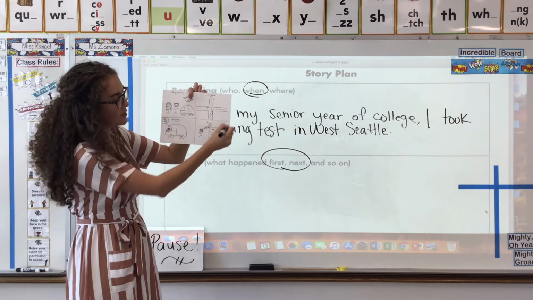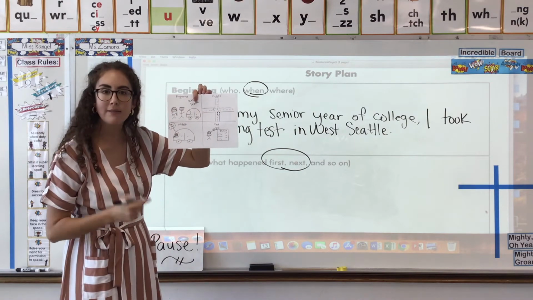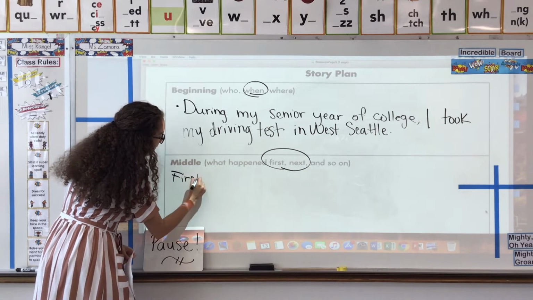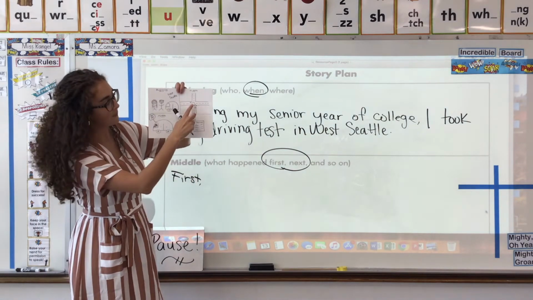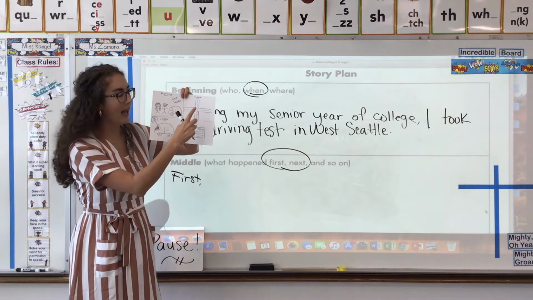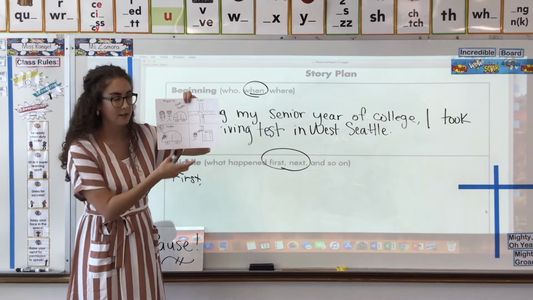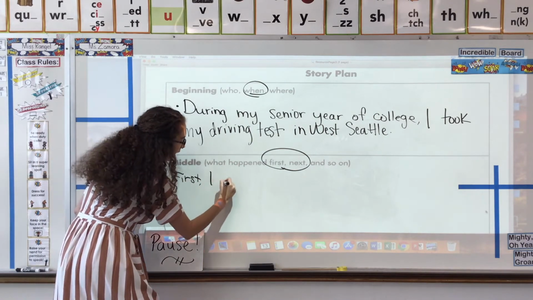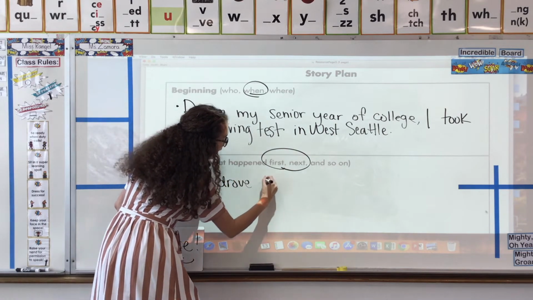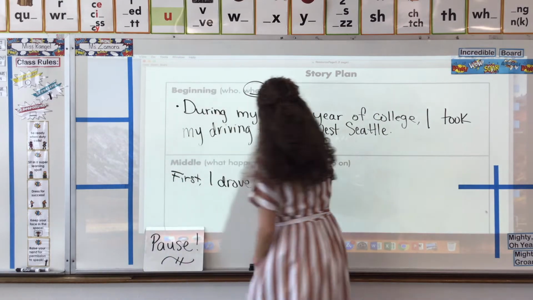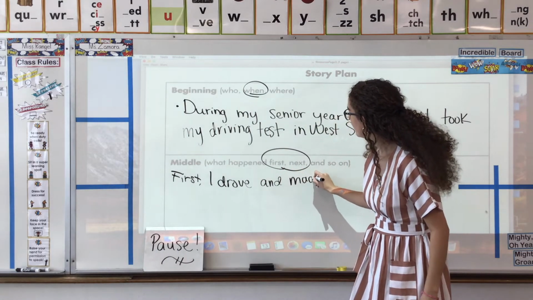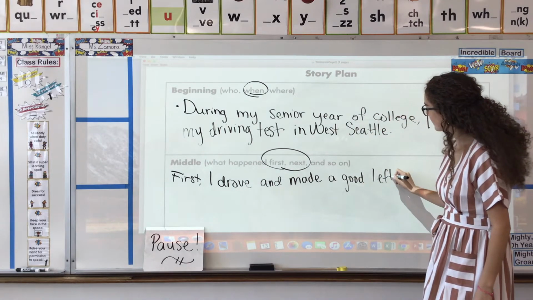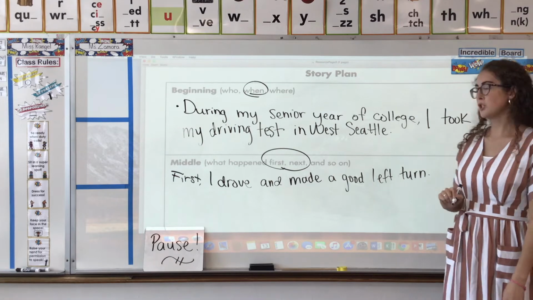So, I'm starting here. This is the first event, so I'm going to use the word first. First, I drove and made a good left turn. Okay, I'm going to make sure to write that down. First, I drove and made a good left turn.